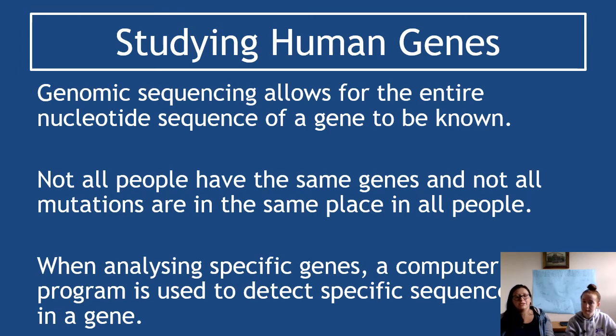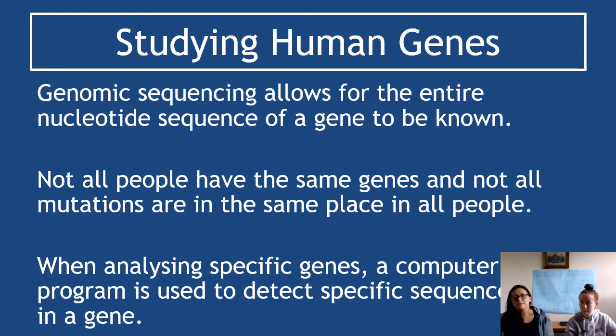So genomic sequencing allows for the entire nucleotide sequence of a gene to be known, so the order of the bases to be known. Not all people have the same genes, and not all mutations are in the same place in all people. So if we take cystic fibrosis as an example, there are different cystic fibrosis mutations that result in similar disease characteristics, but they tend to be lighter symptoms or more severe symptoms depending on the mutation.